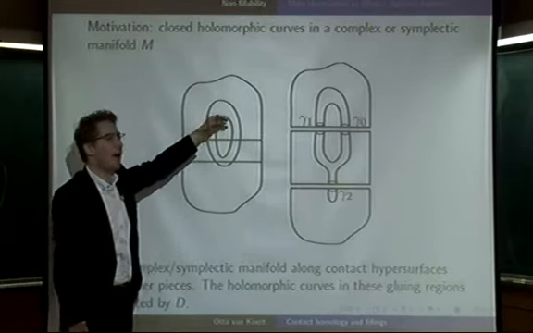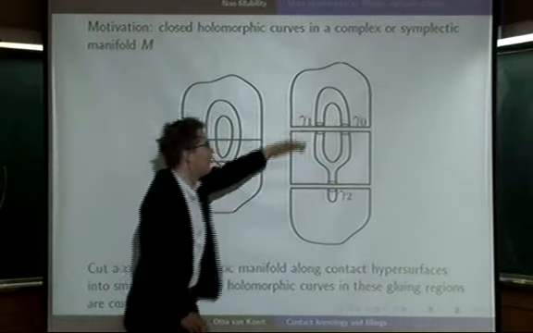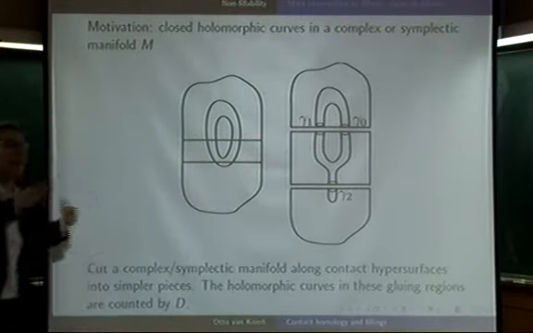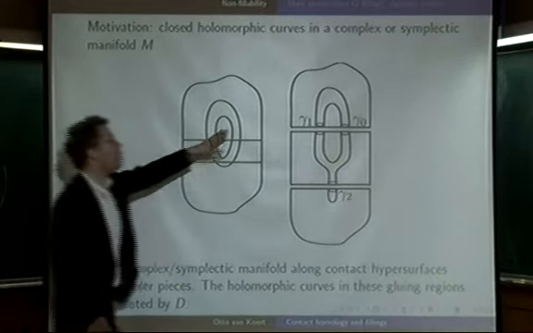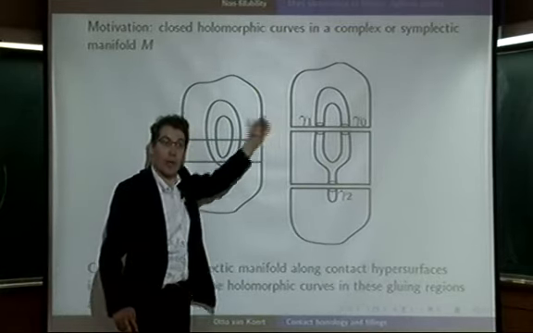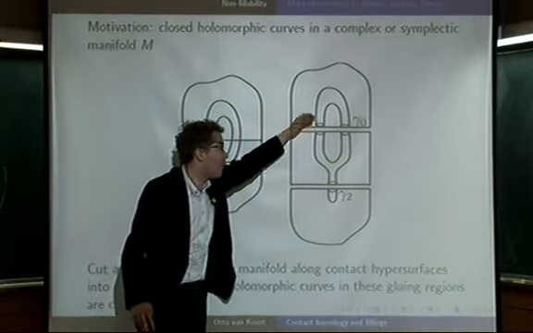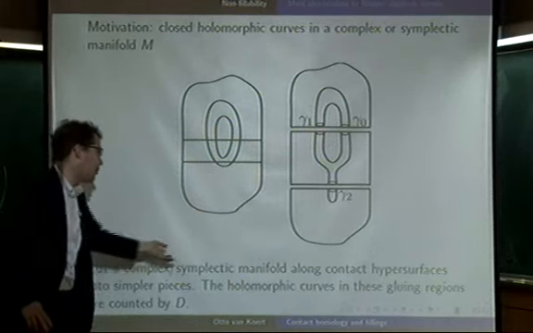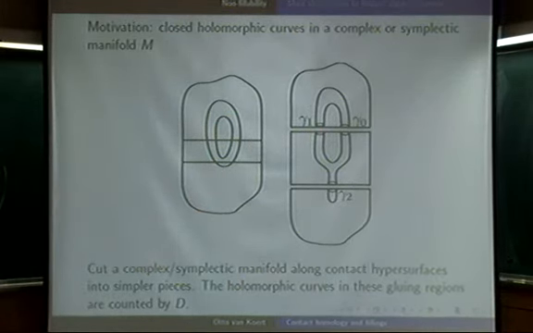So maybe you can simplify it by cutting the complex or symplectic manifold apart along hypersurfaces, say of contact type. Now I have simpler pieces that I hopefully can understand, but I need to glue them together to get the original manifold. What does gluing together correspond to? It corresponds to gluing these holomorphic curves, but these glued holomorphic curves are counted by this SFT setup.